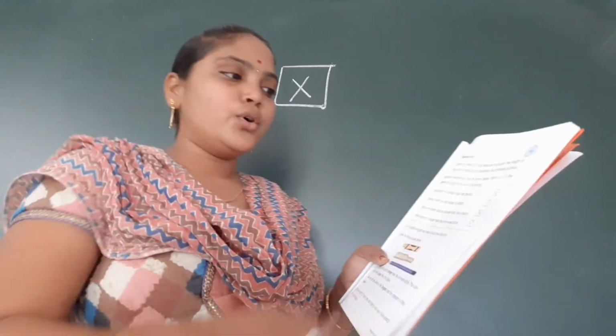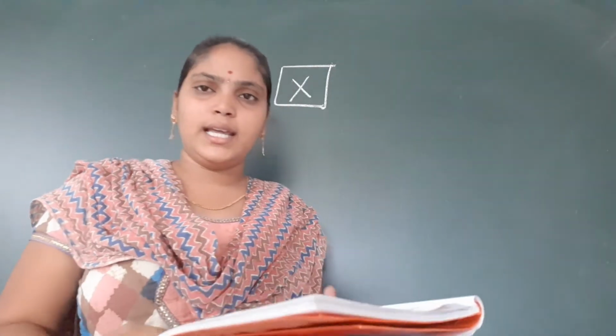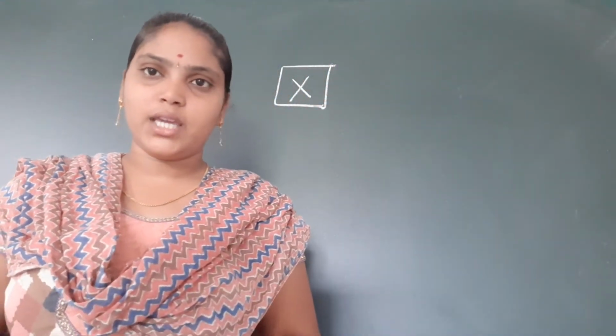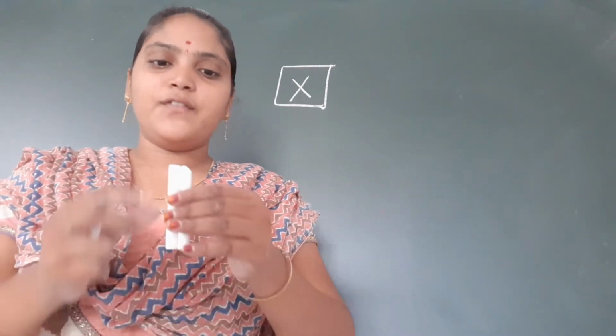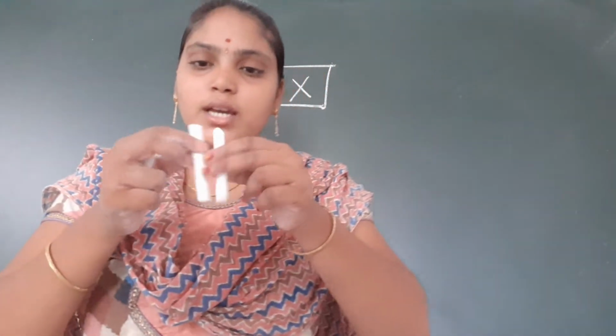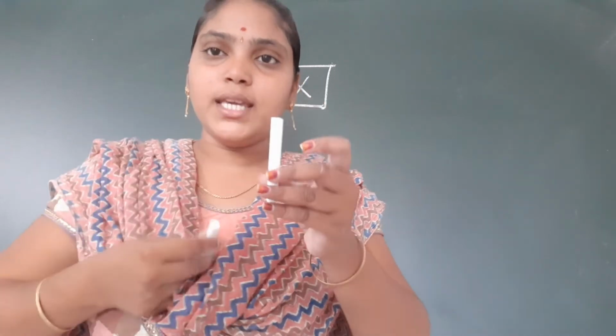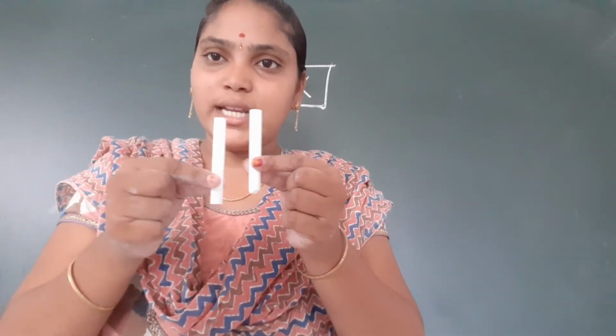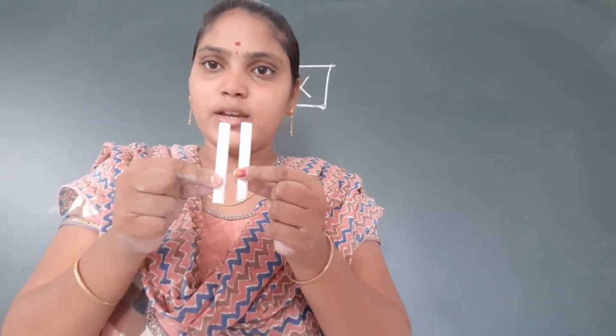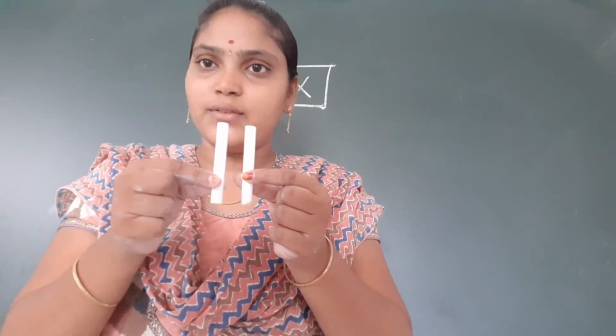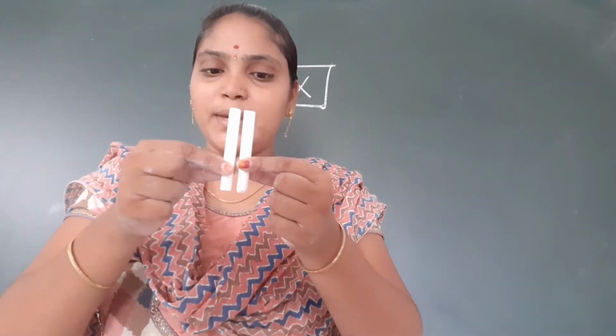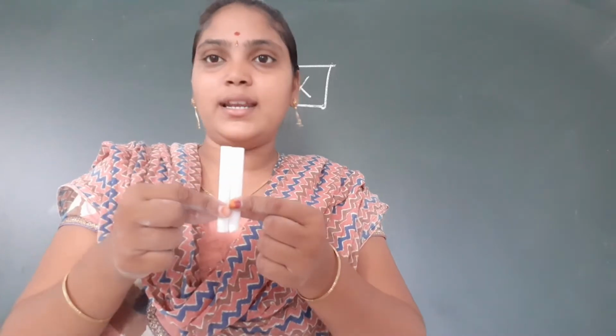Second one. Two pencils are equal in length. Yes children, when we take two pencils, those two are equal in length. For example, if I am showing these two chalk pieces, which one is longer and which one is shorter, children? No. Why? Because these two are equal in length.